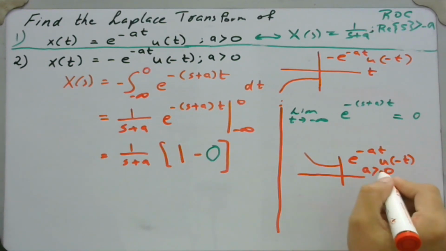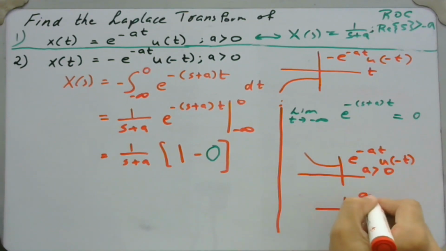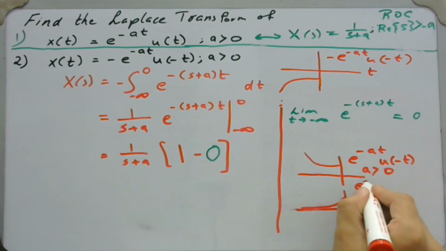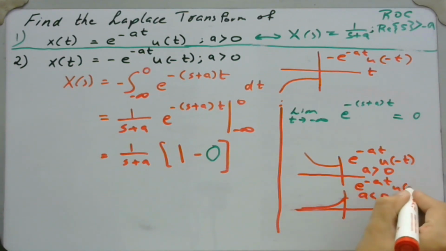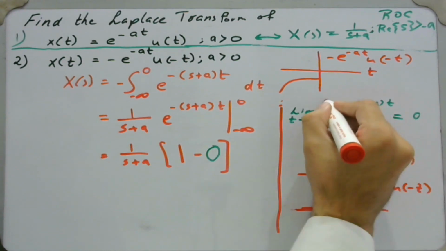But if it was to converge, this a should be negative, that is, a should be less than 0, right? So for that case, we would have simply this function. Note that again we have e to the power minus at u of minus t. So this is something which we are having over here.